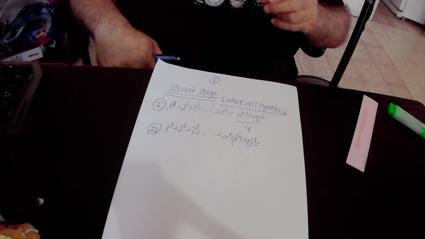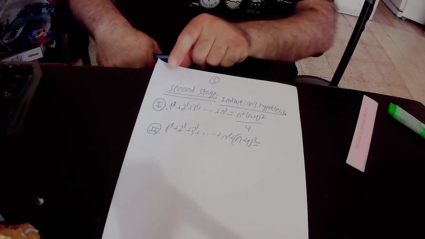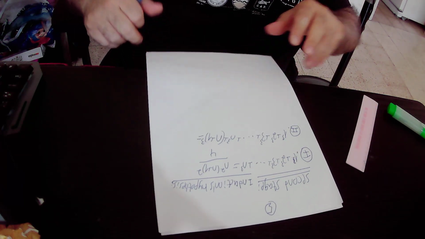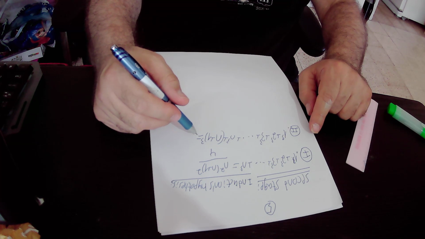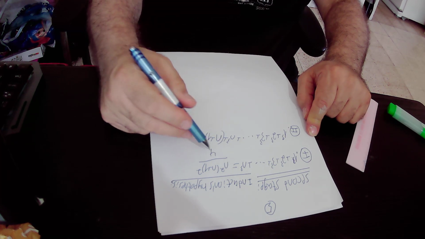Okay, so we substitute n by n plus 1. So the expression on the other side of the equation for n plus 1 will be, instead of n, we will write n plus 1.